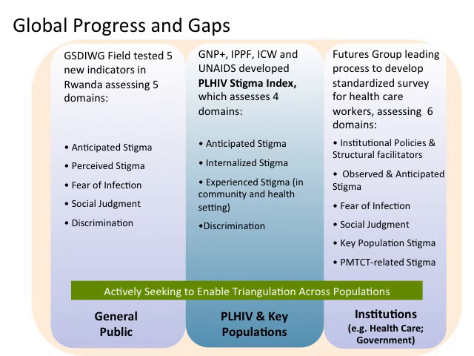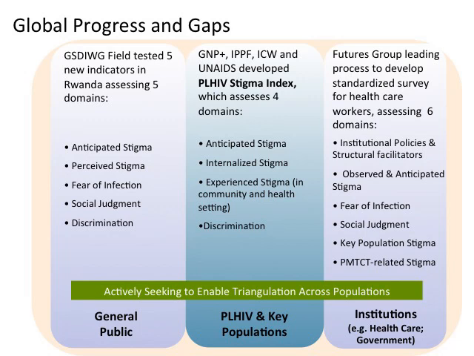In terms of people living with HIV in key populations, many of you may have heard of the HIV Stigma Index. This is an effort that's being led by GNP+, IPPF, ICW, and UNAIDS. And this is a tool that's implemented by people living with HIV. Currently it assesses 4 domains of stigma, which you can see listed here.